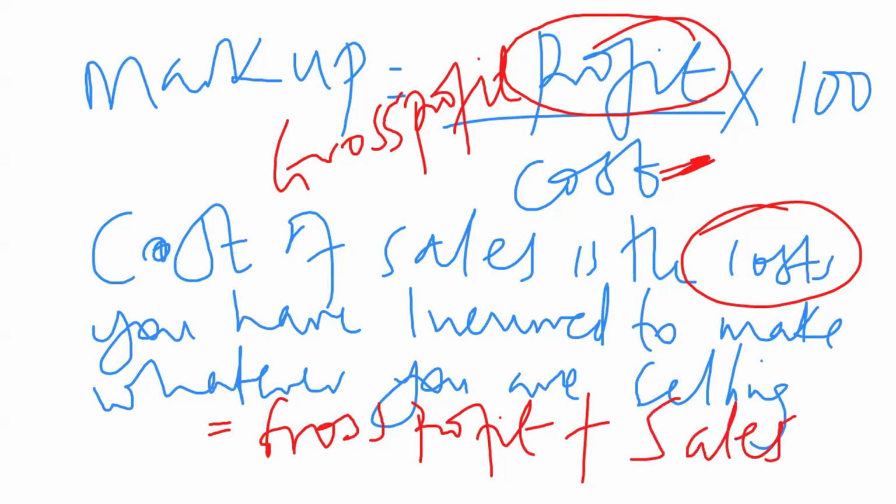Because we get sales minus cost of sales to be able to get the gross profit. So that's how we basically get those formulas.